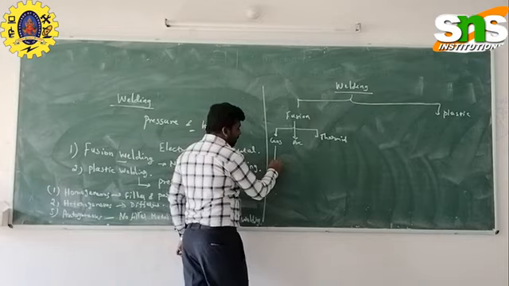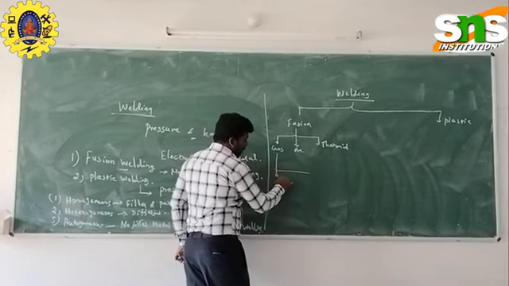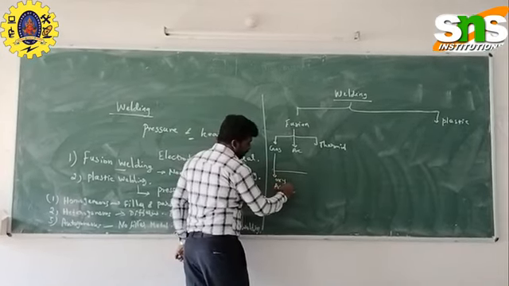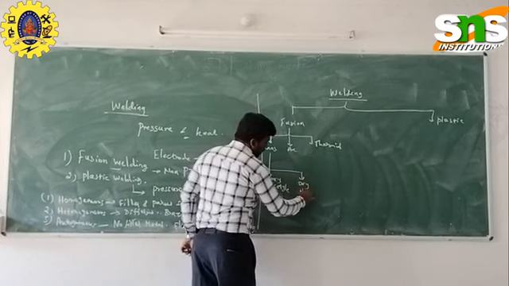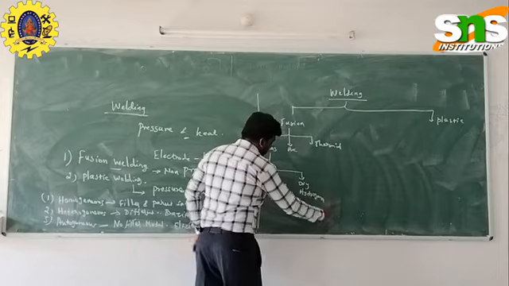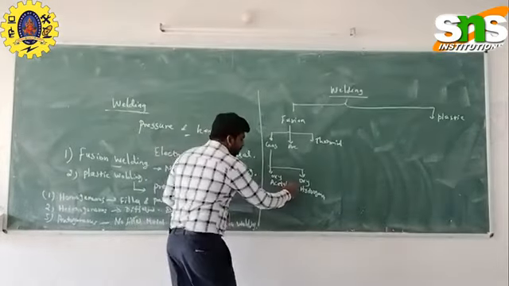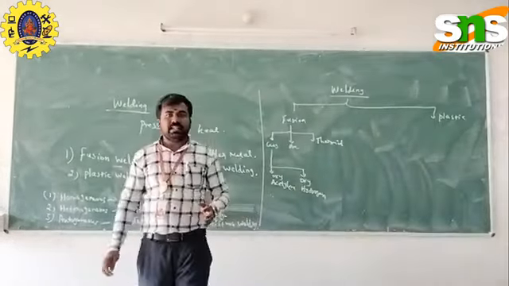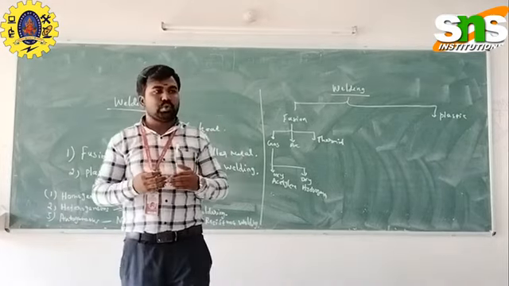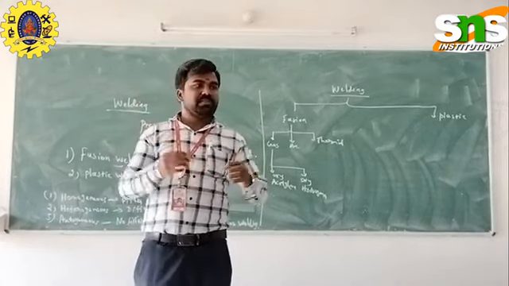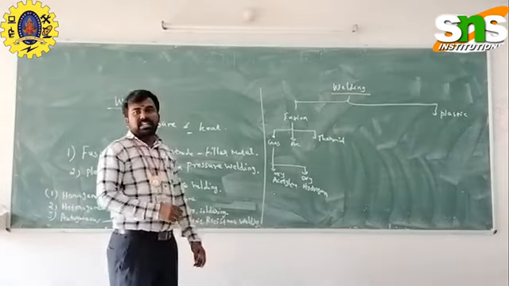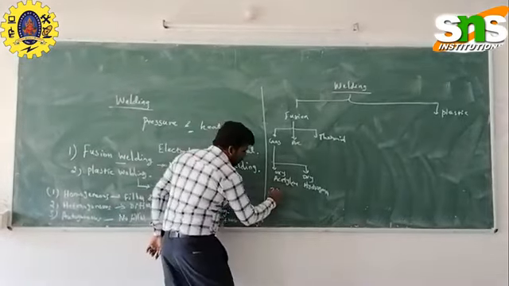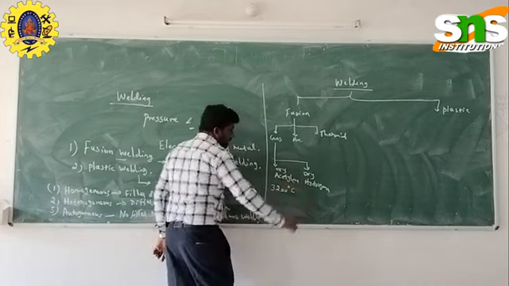The gas welding is again classified into two types: oxy-acetylene and oxy-hydrogen. In oxy-acetylene welding, a mixture of the two gases, oxygen and acetylene, is used to produce the flame. That flame is used to melt the edges of the materials. The temperature of oxy-acetylene welding is around 3200 degrees Celsius.